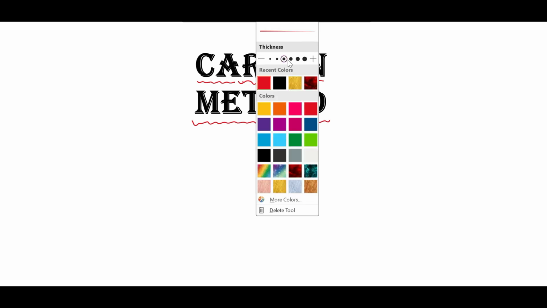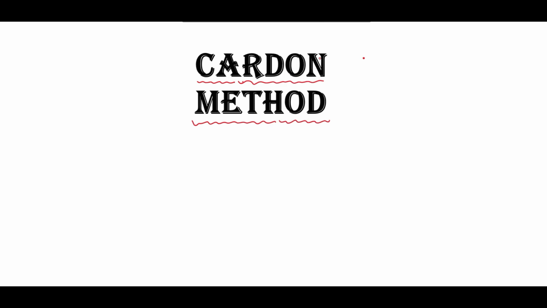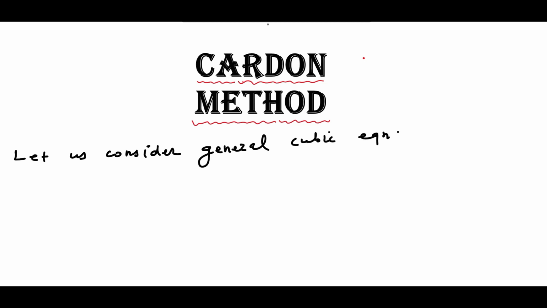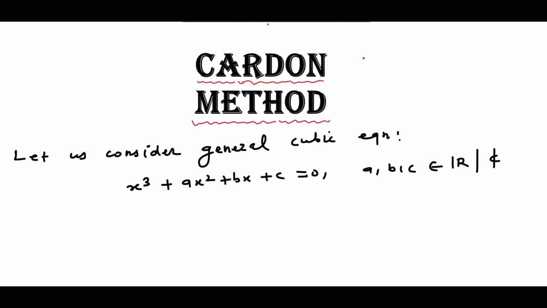So first of all, let us consider a general cubic equation, that is x cube plus ax square plus bx plus c is equal to 0, where the coefficients a, b, c belong to the set of real numbers or the set of complex numbers.